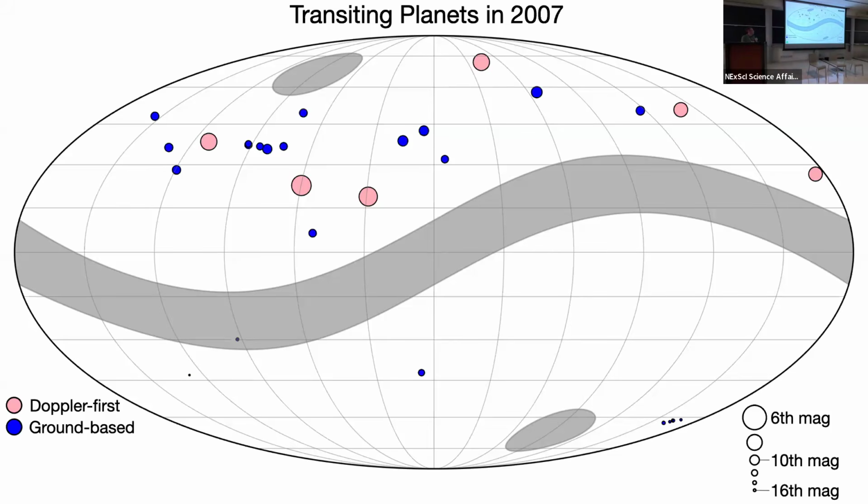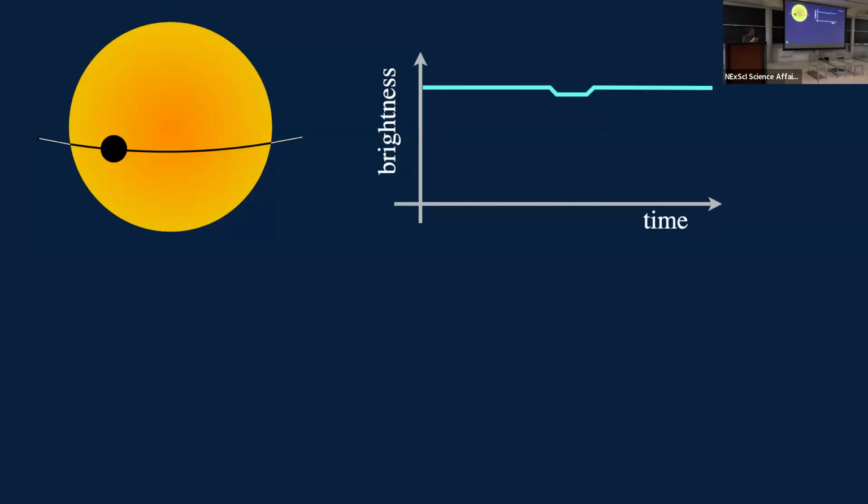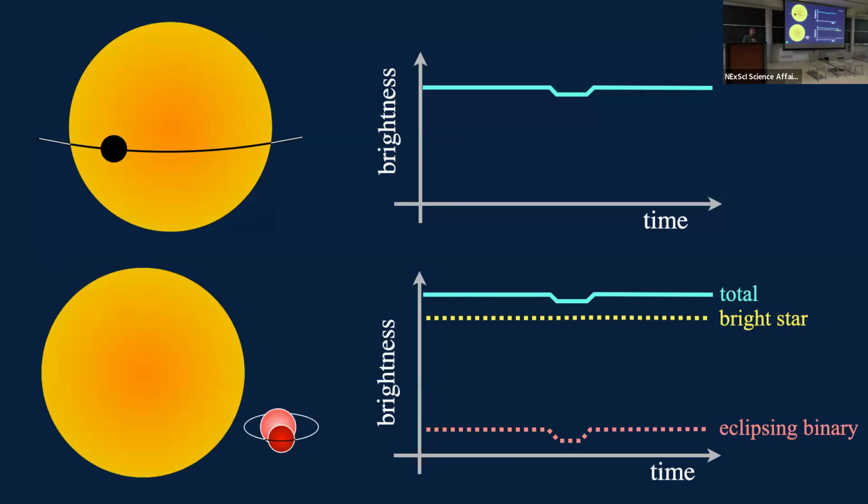And that's because although when you detect what looks like a transiting planet, a short-lived, low-amplitude dip in a light curve, you get all excited, you think it's a planet, it turned out to be at least as often an unresolved blend of an eclipsing binary star whose light curve would ordinarily feature these very deep, high fractional depth eclipses, but blended together with the much brighter light of a nearby star without any eclipses or transits, so that together the sum of the light resembles the light curve of a transiting planet.